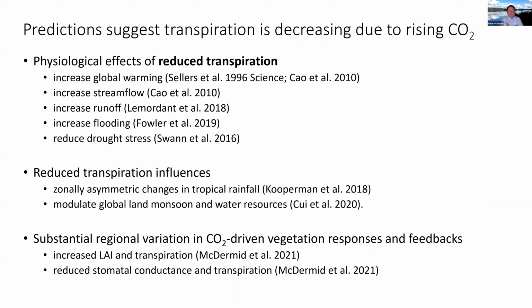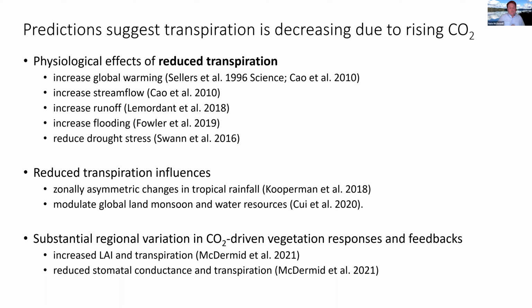And they suggest that this has large impacts on the climate system and the hydrologic system, such as increasing warming, increasing stream flow, runoff, flooding, and potentially reducing drought stress. The reduced transpiration also influences climate in an atmospheric way, affecting the zonally asymmetric changes in rainfall and influencing monsoons.